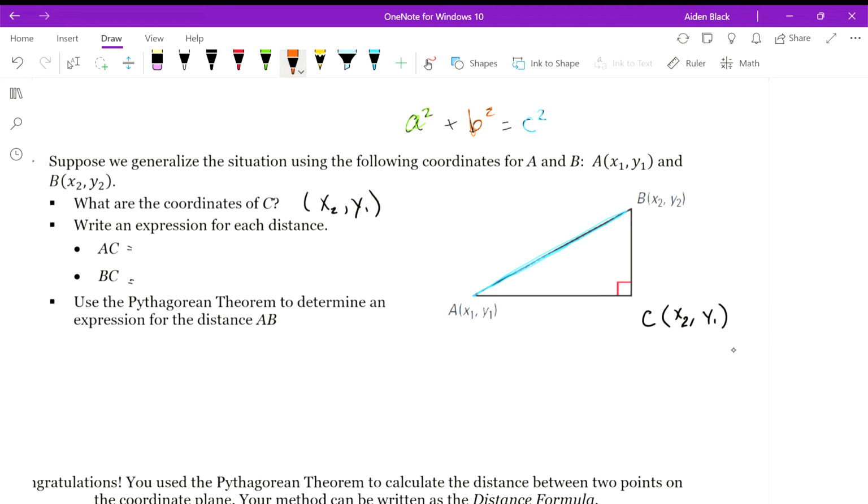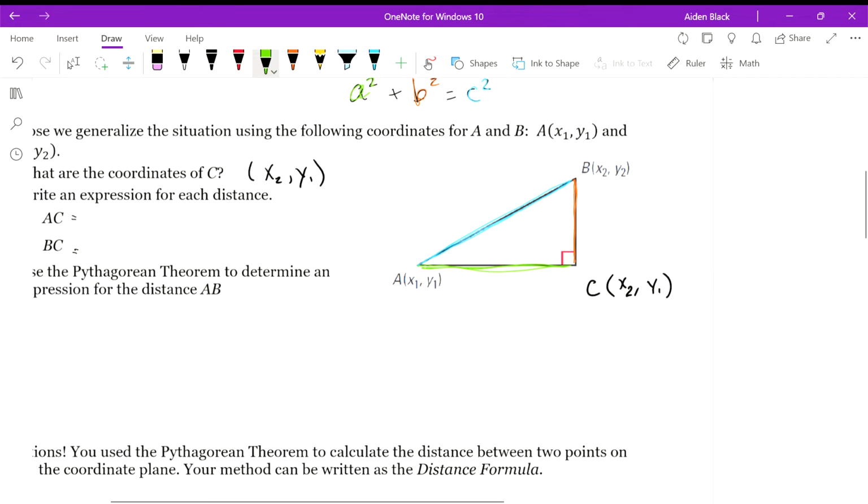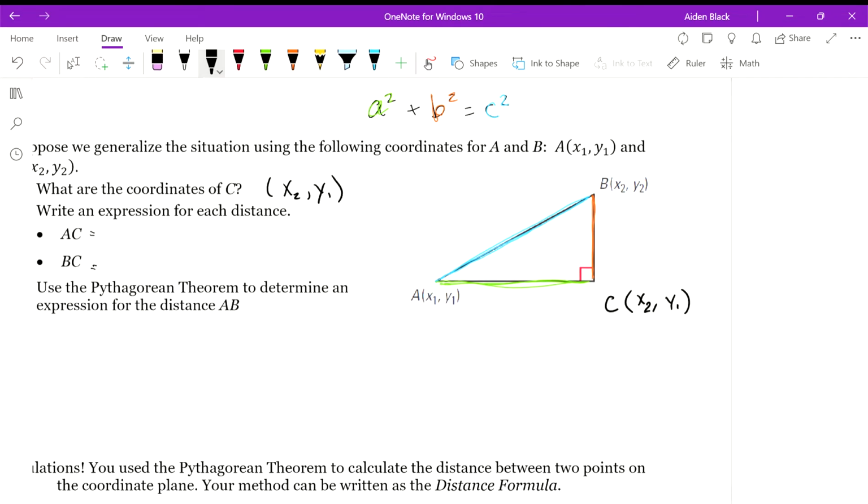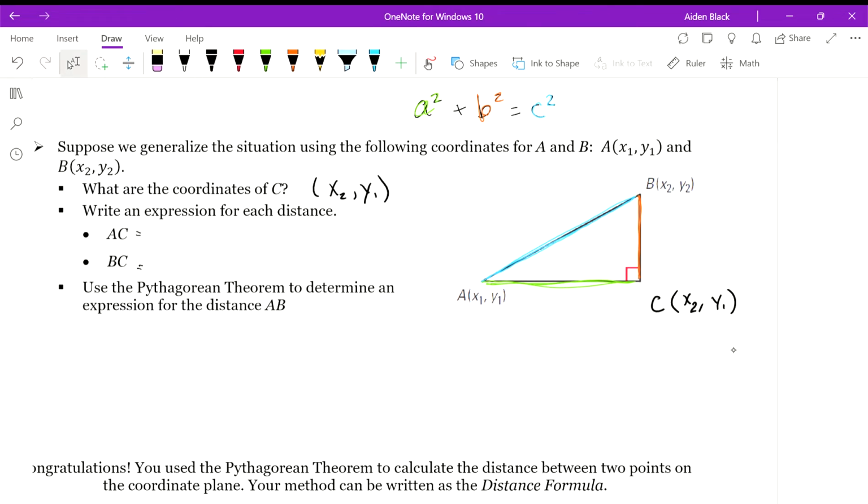Our b we'll just say is this leg of the triangle, although it does not matter which leg you use for a or b because you're doing the same thing to both of them. You're squaring them and summing them. So if you look, let's assume this is the side A. A is otherwise, in this case, line segment AC.